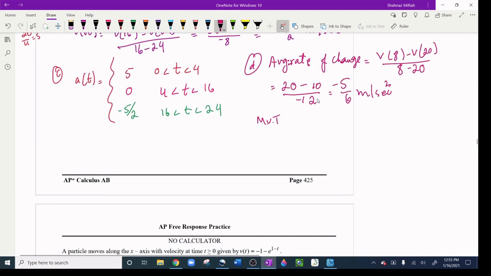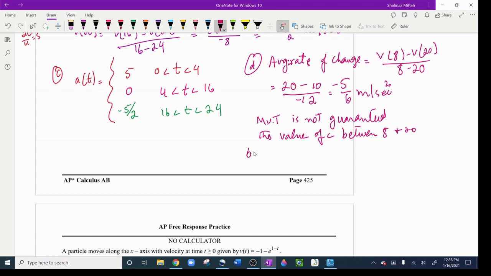So that's what we are going to explain. I'm going to say the mean value theorem does not guarantee a value of C between 8 and 20 because the V of t graph is not differentiable.